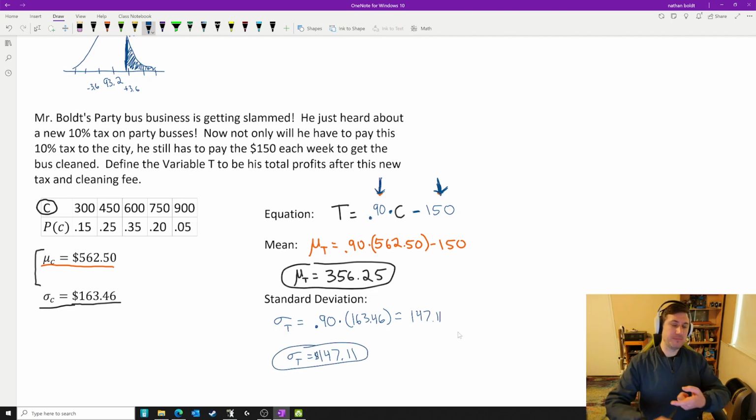So we've described the mean and the standard deviation. This one would be a lot harder to ask a probability question on, so I'm not going to. We would have to redo the table if we were going to ask a probability question. I'll only do that to you if it ends up being normal, so you can plug it into the calculator.